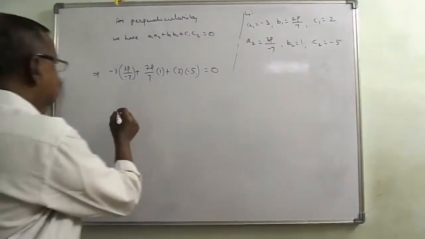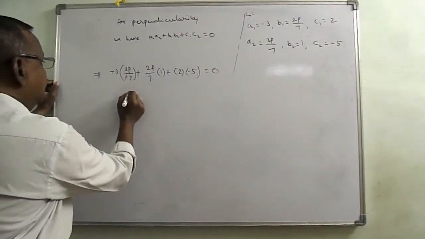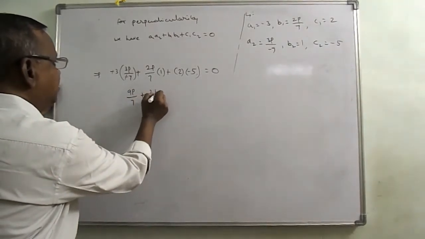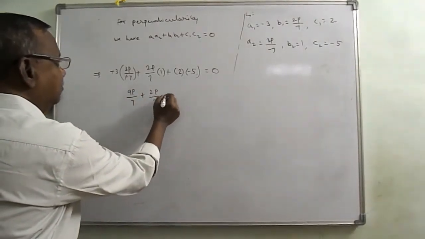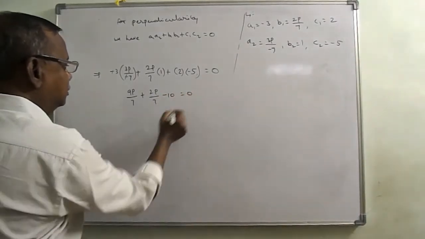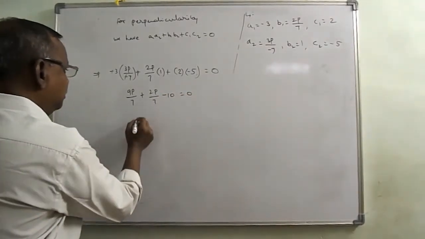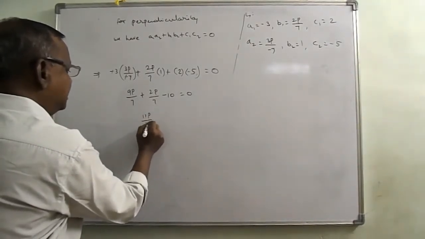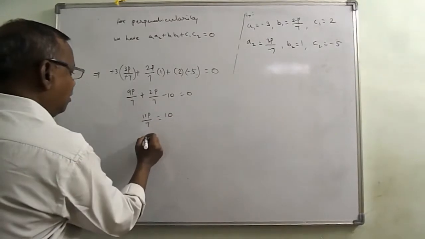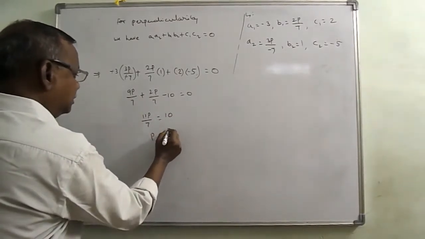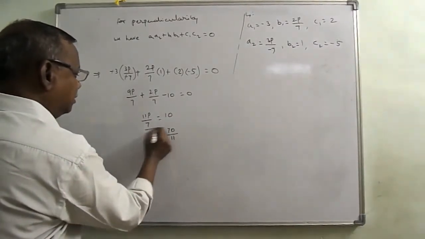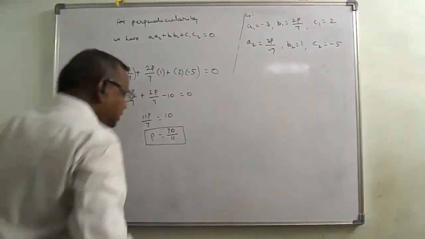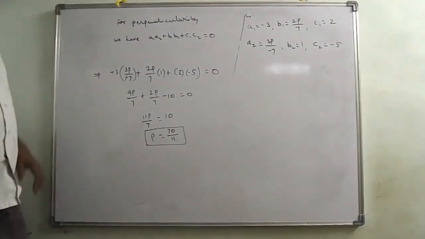So the minus signs cancel: 9p divided by 7 plus 2p divided by 7 minus 10 equal to 0, or 9p plus 2p, 11p divided by 7 equal to 10, or p equal to 70 divided by 11. This is the required value of p so that the given lines are intersecting at right angles.